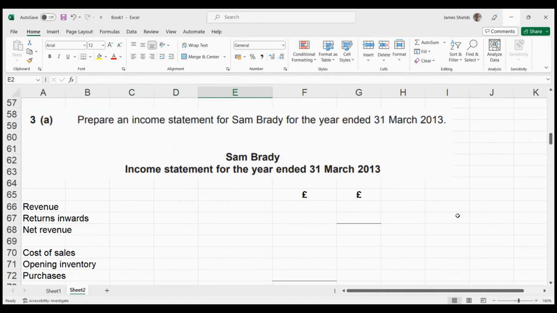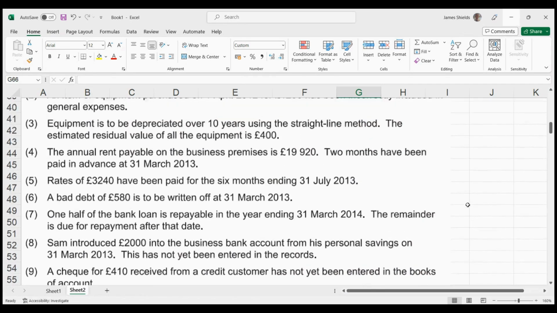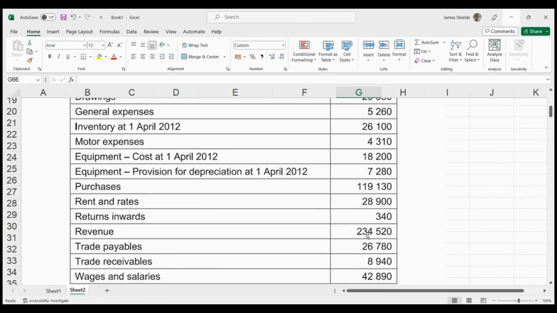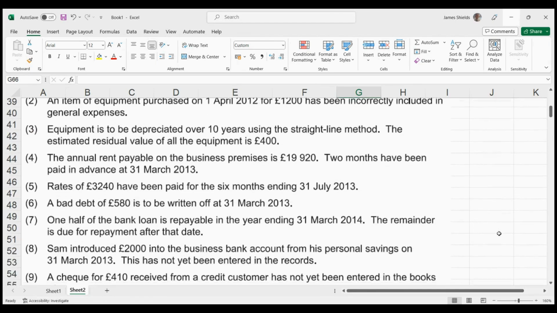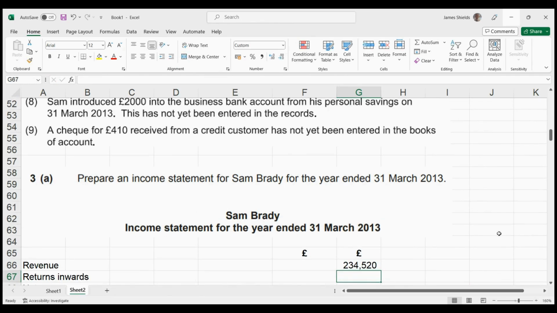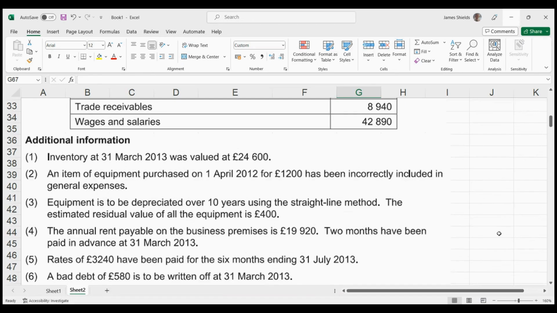Right, so the revenue then. I can get the revenue by looking at my initial list of balances. There's nothing in points 1 to 9 about revenue, so the revenue goes to my list of balances, and it is £234,520. But returns inwards, again, back to my list of balances, there's nothing additional information about that.